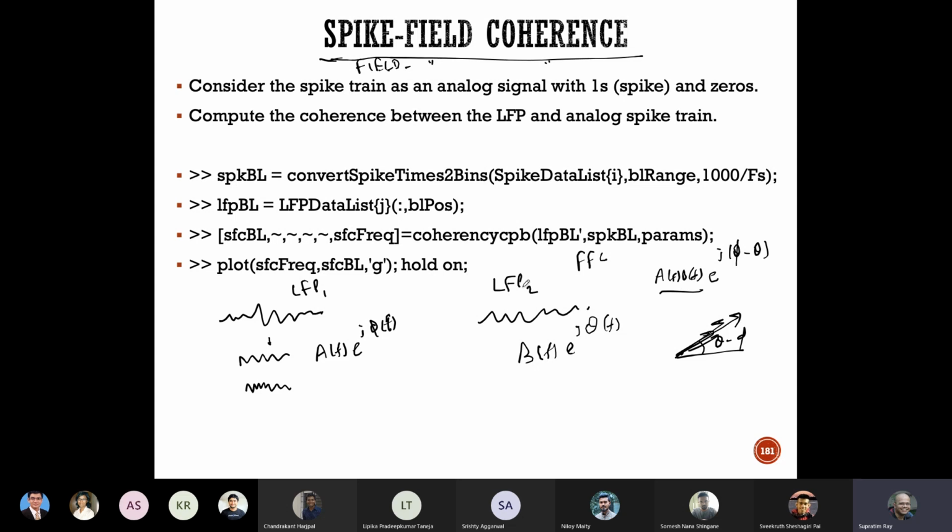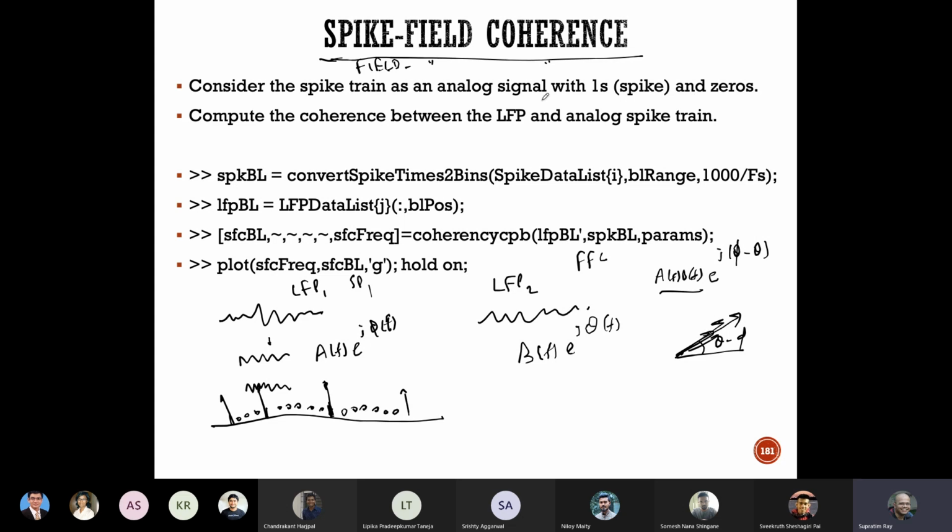In spike field coherence, because you don't have two LFP signals, suppose you have got spikes from electrode 1 and LFP from electrode 2, the spike signal is just thought of like an LFP signal with a 1 wherever there is a spike and 0 elsewhere. So consider the spike train as an analog signal with ones at positions where there is a spike and 0 elsewhere, sampled at the same rate as the LFP.